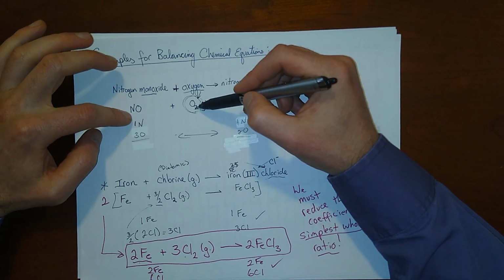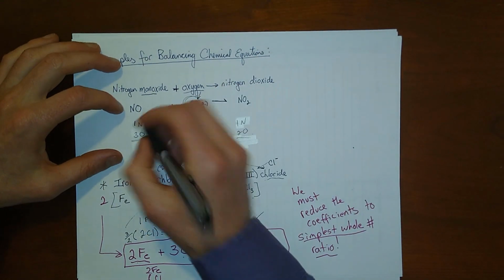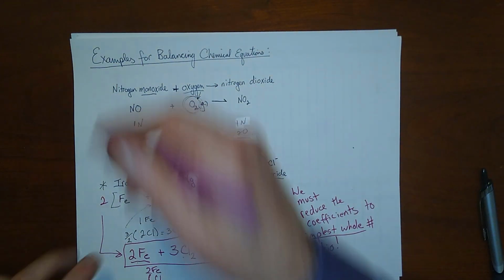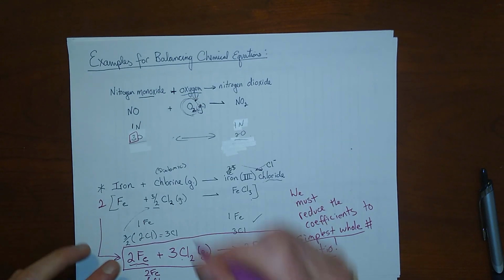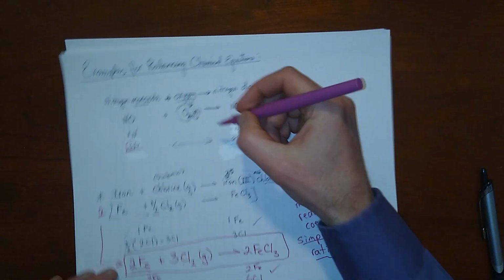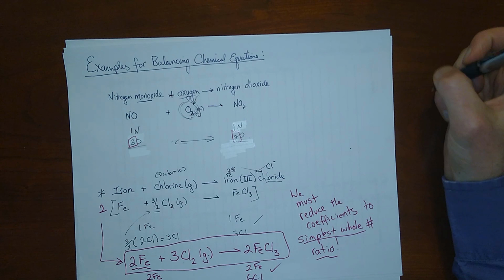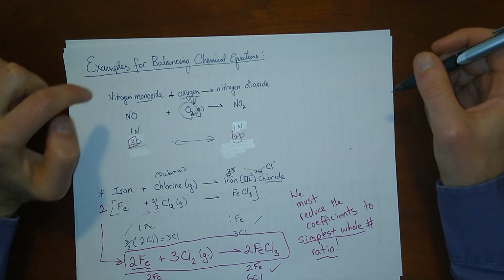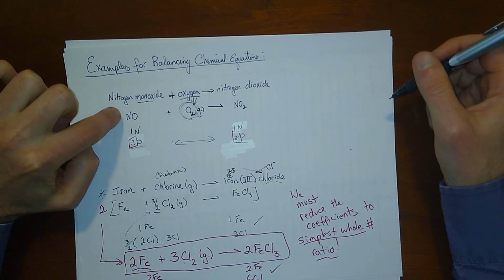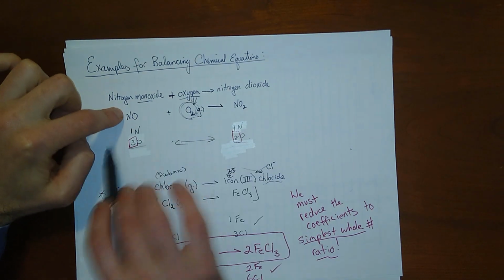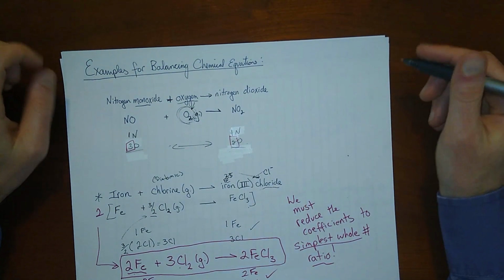This ratio between them of 2 to 1, okay, or of having an odd number, this is really where you run into the problem, is when you have an odd number of oxygens on one side and an even number on the other, you're going to need to work with fractions in order to balance this. And it can be tricky because if you try to balance it using the wrong compound, you won't be able to. Okay, you won't be able to complete the balancing process.